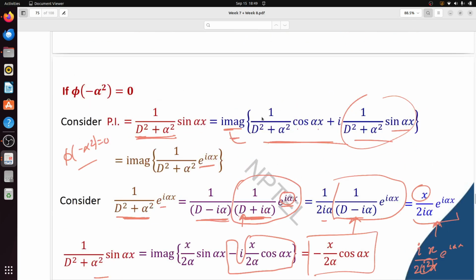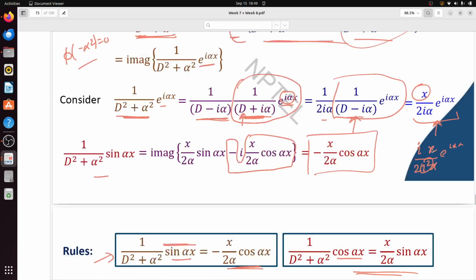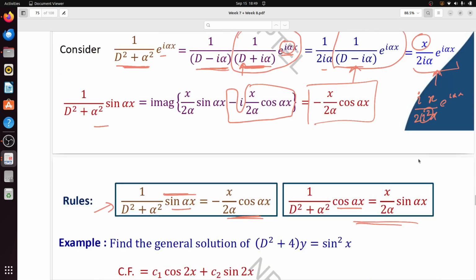So the imaginary part of this will give you only x by 2 alpha, sorry, minus x by 2 alpha cos alpha x, because in the below part you have 2 i alpha. So that's why you will get minus x by 2 alpha cos alpha x.